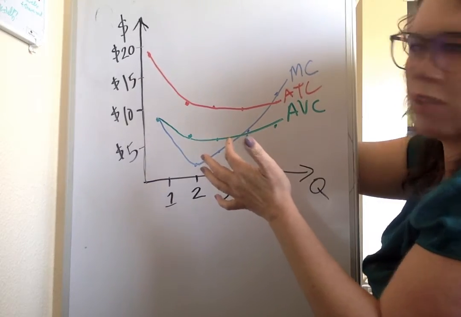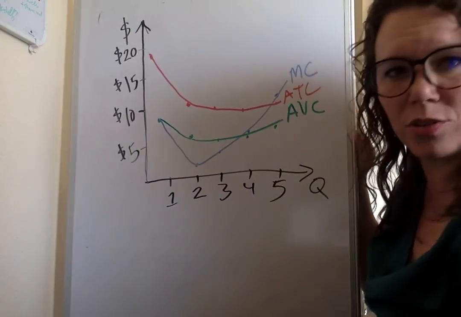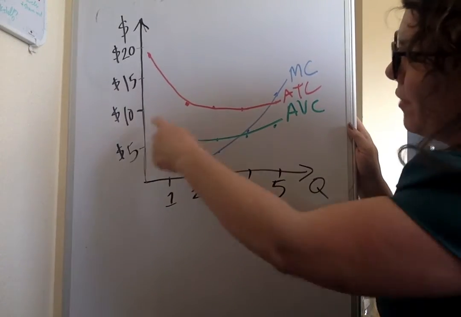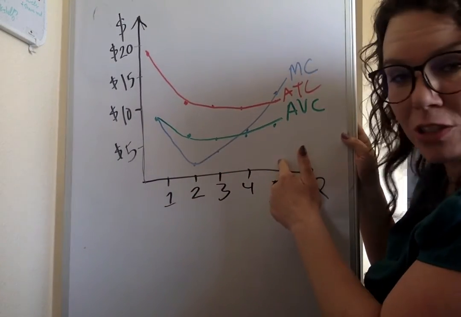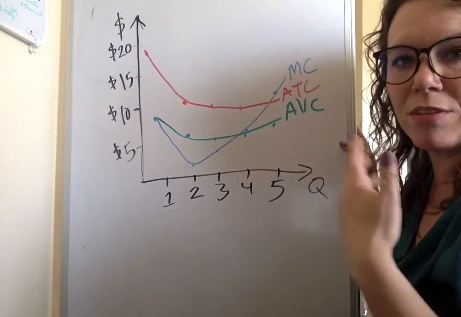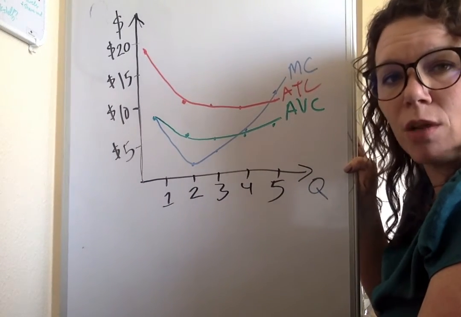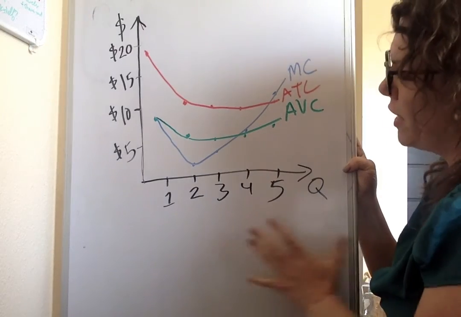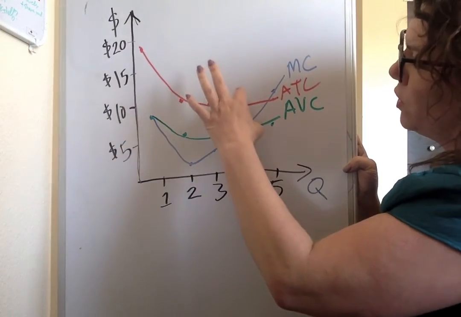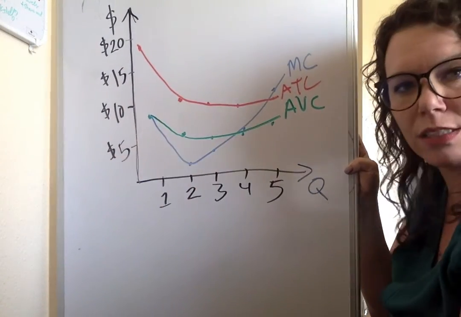Like $2. I'm sorry, I don't do that off the top of my head. 10 divided by 5 would be $2. And then as we kept dividing that fixed cost over larger and larger quantities, we get smaller and smaller values. So that's why average total cost gets closer and closer to average variable cost.